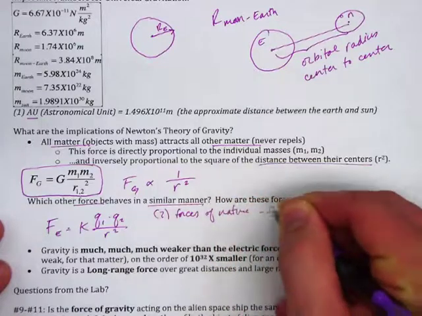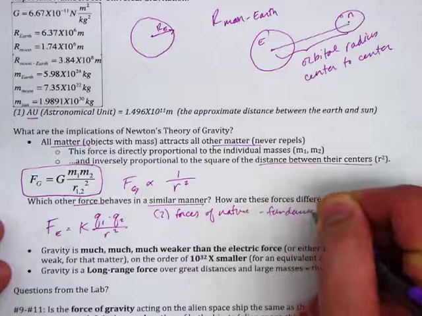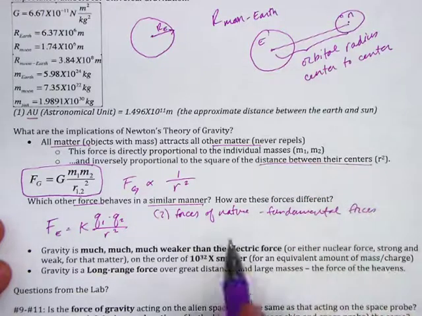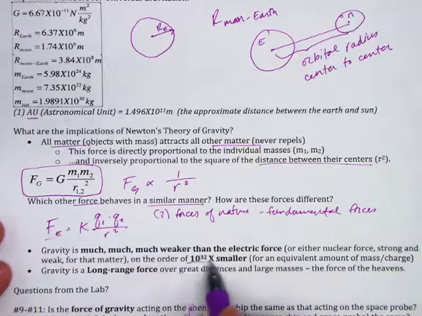Now there is one large difference between the two, and that is that the electric force is way stronger than gravity, on the order of 10 to the 32nd power times larger, or gravity is 10 to the 32nd times smaller than electric force.